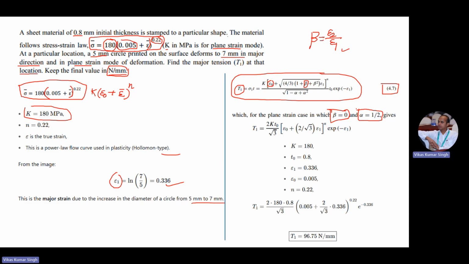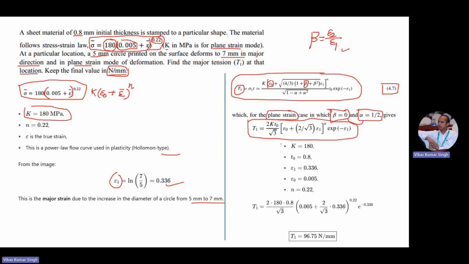This is well derived in the class and previous lecture, how all these values come. If you have doubts, we can discuss, but for now we are taking these values directly. Now, if you put these two values for plane strain, just keep this in mind: this is only applicable for the plane strain case. So don't get confused. If you put this value, we will get the traction.